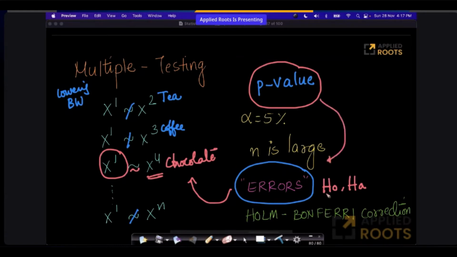It could be either type 1 or type 2, depending on how you designed your H0 and HA. The problem is that X1 is being tested with all of them, and in all these cases they're using the same significance level. They might come to incorrect conclusions like this.